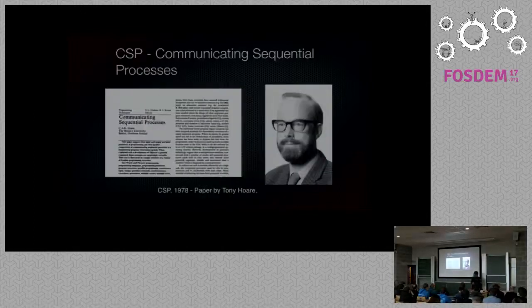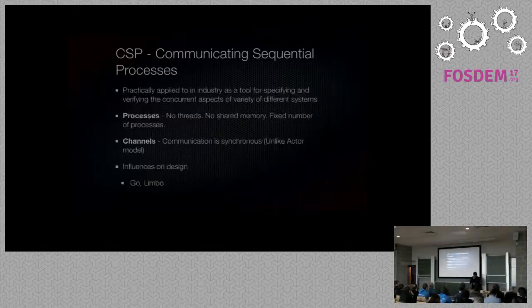Also there was a paper called CSP, communicating sequential processes. It was written by Tony Hoare in 1978. So what is CSP? CSP is a way of coordinating multiple processes or threads. It's a way of doing concurrency.